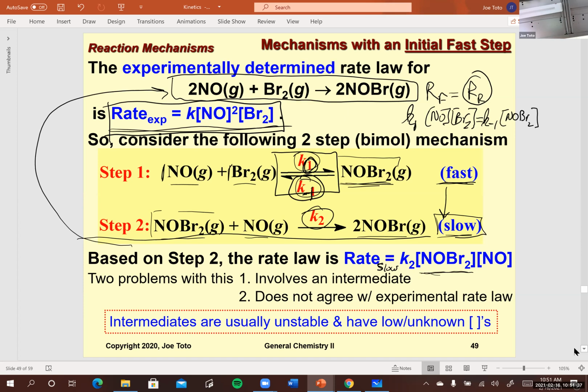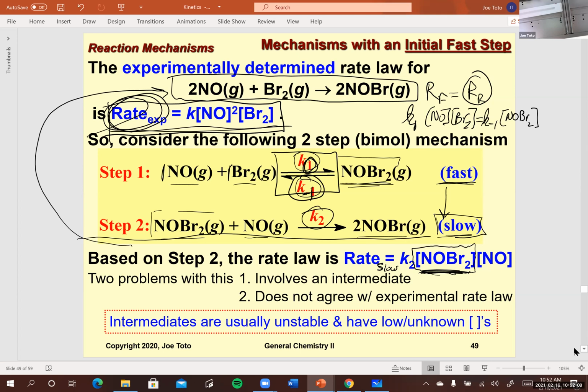All right. So what's done now is they say, okay, this rate law that I got from the slow step down here has this term in it that corresponds to the intermediate. And that intermediate is not in my experimentally determined rate law. People say, well, it's not surprising because intermediates are hard to experiment with.